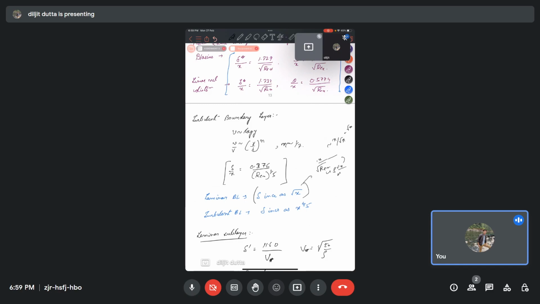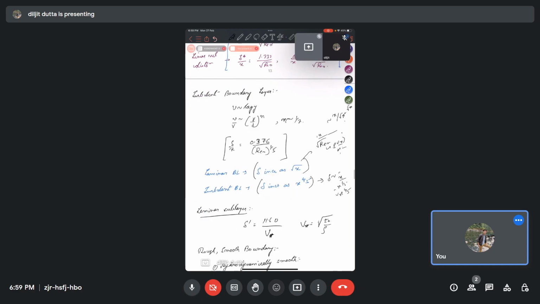But in case of the turbulent boundary layer, if we substitute the formula for the Reynolds number, delta follows x to the power 4 by 5. Thus the boundary layer thickness increases quite rapidly in a turbulent boundary layer.